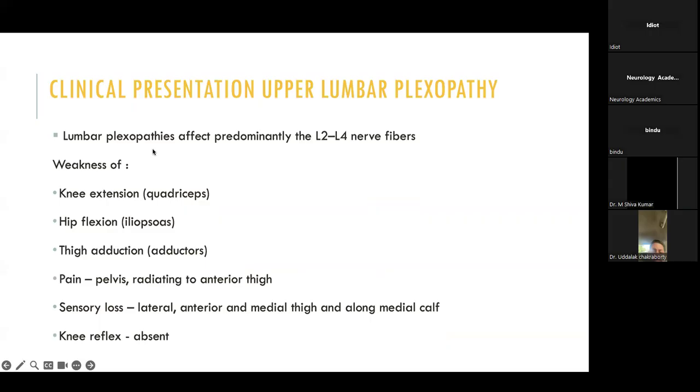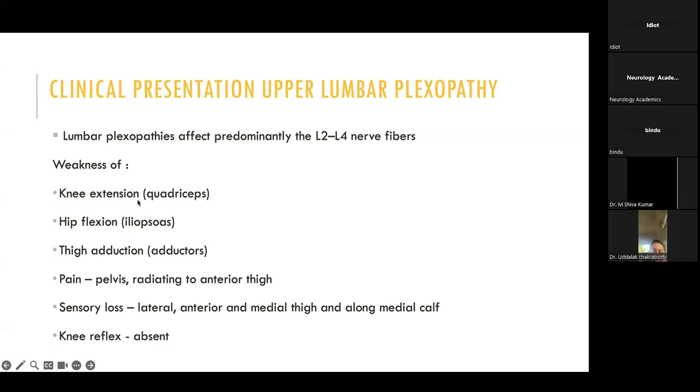And clinical presentation of upper lumbar plexopathy. Lumbar plexopathies affect predominantly L2, L3, L4 nerves, as we discussed already. Upper lumbar plexus is derived from L2, L3, L4. So here, as only the upper lumbar plexus is involved, the anterior compartment of the thigh, and so the quadriceps, are affected.